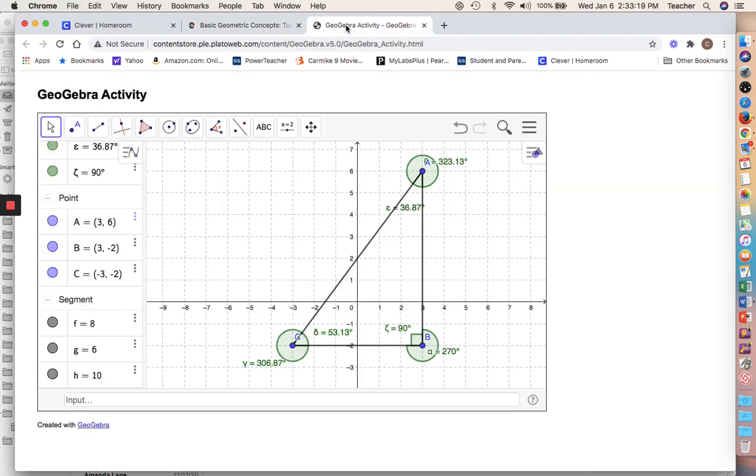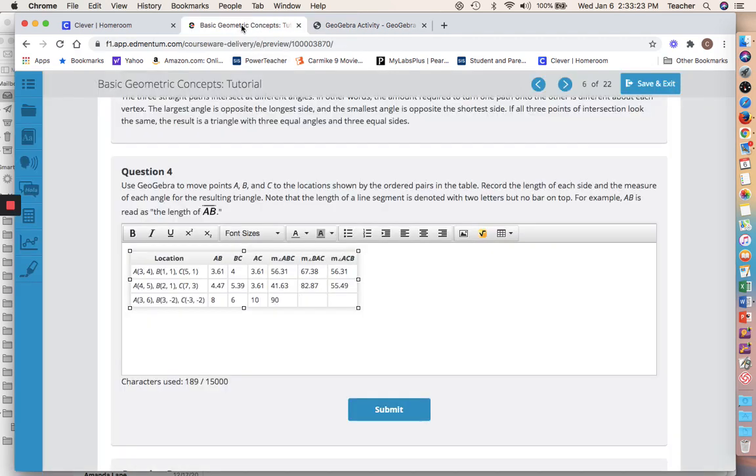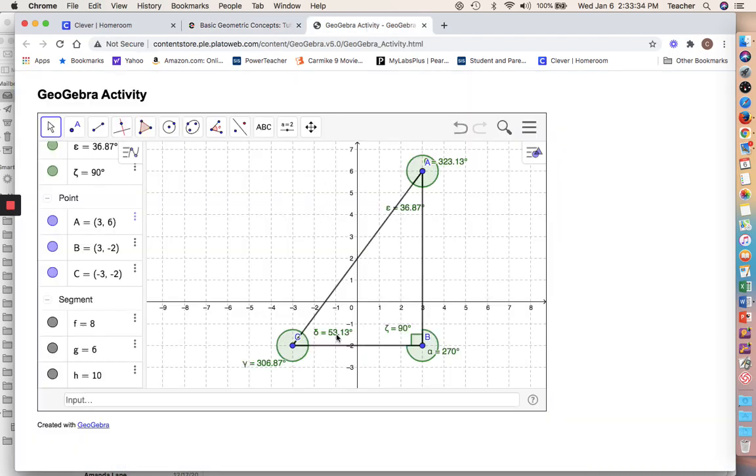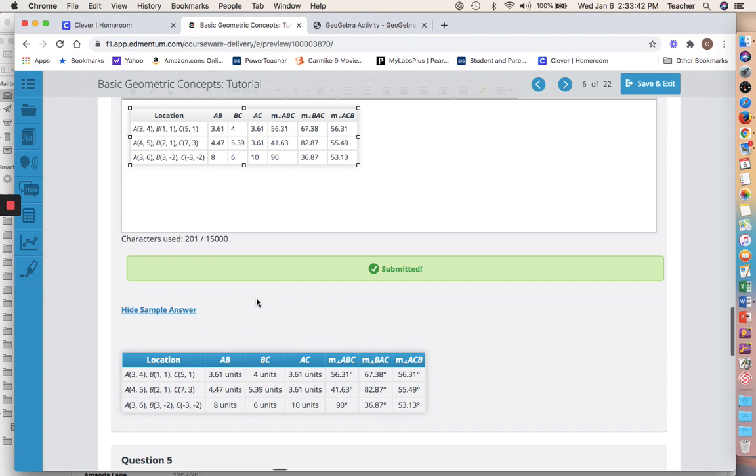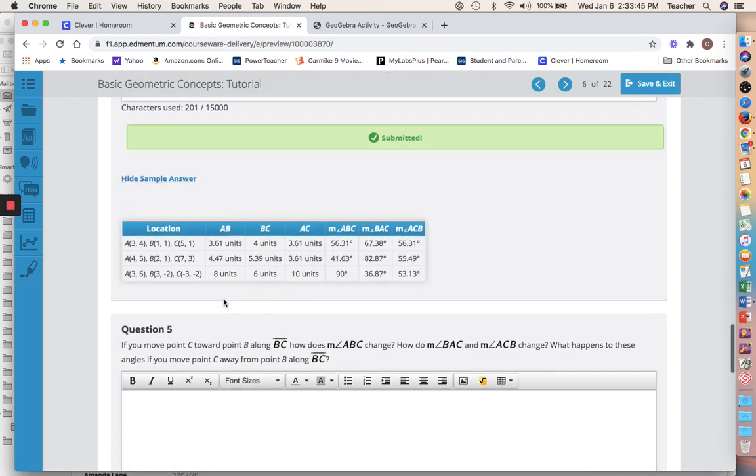Angle A, 36.87. And angle C, 53.13. All right, I'm going to hit submit, you guys. And look at that. Whoop, whoop, gummy.